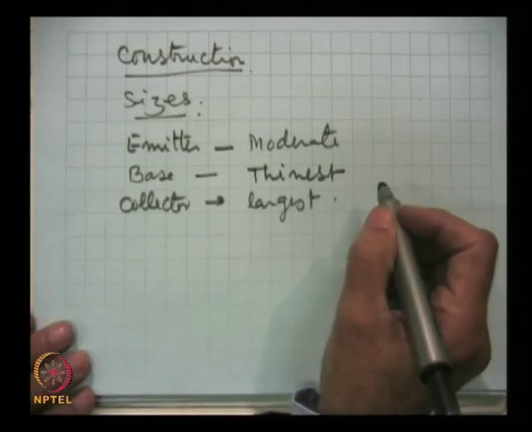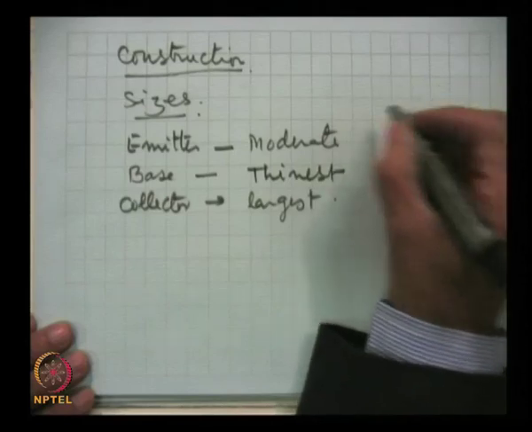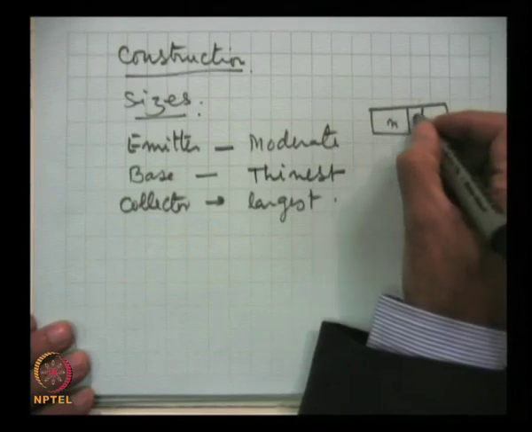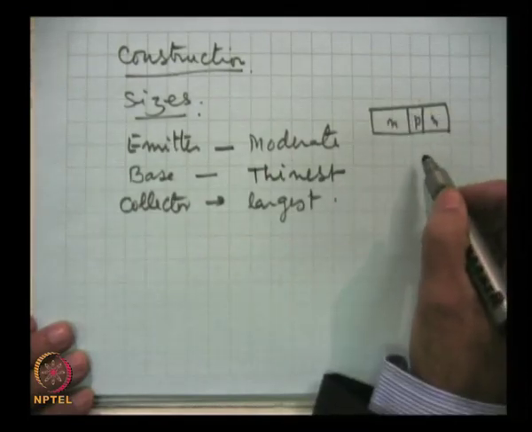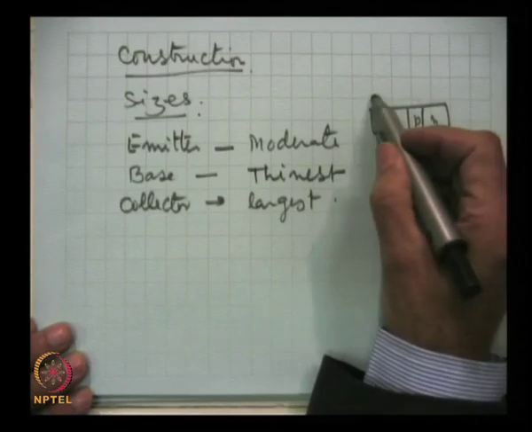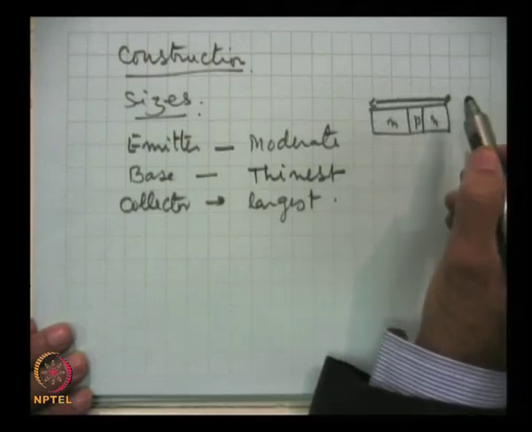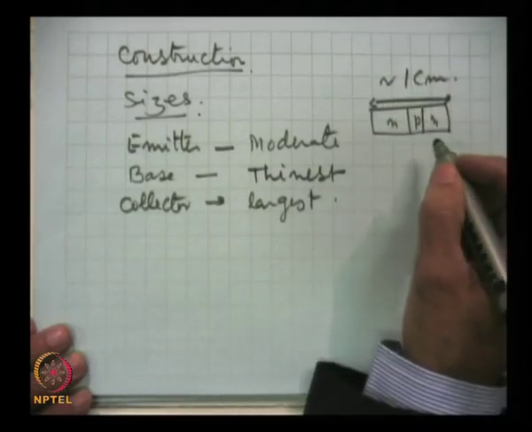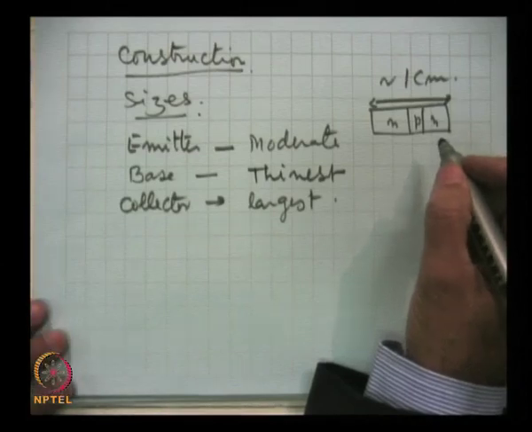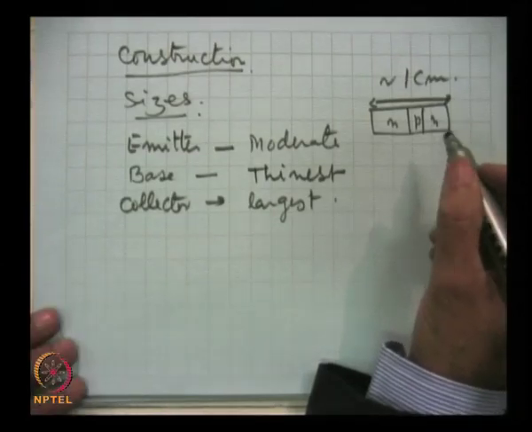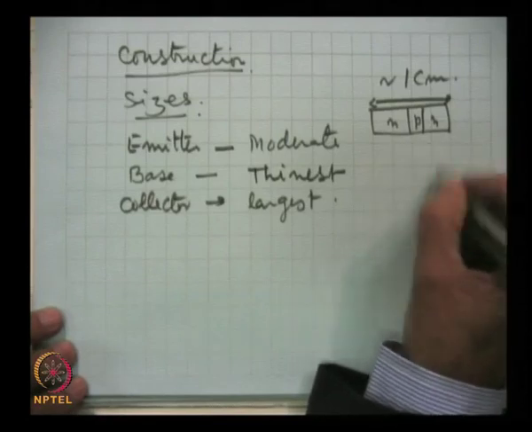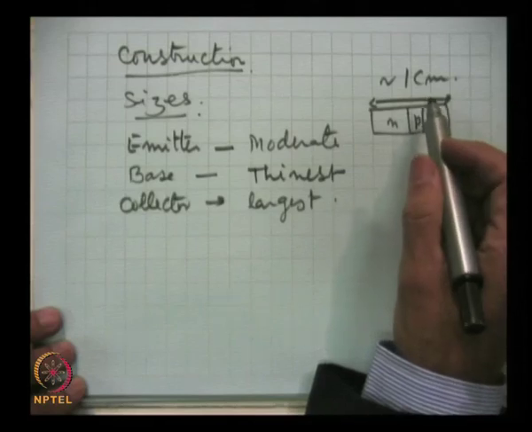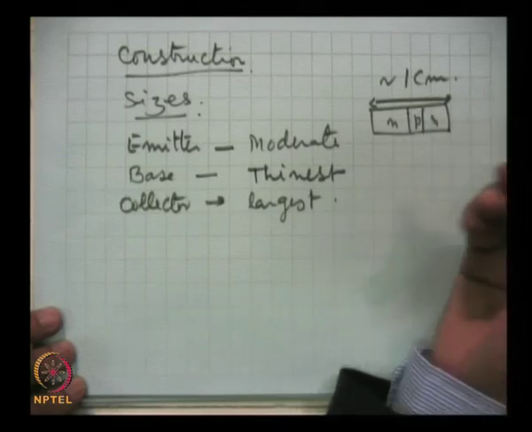And to give you the actual dimensions, when we talk of an NPN transistor, in discrete devices this total length may be around a centimeter. We are talking of discrete transistors, and in integrated circuits where this is all on a chip, the sizes are reduced dramatically and the size may be smaller than a millimeter.